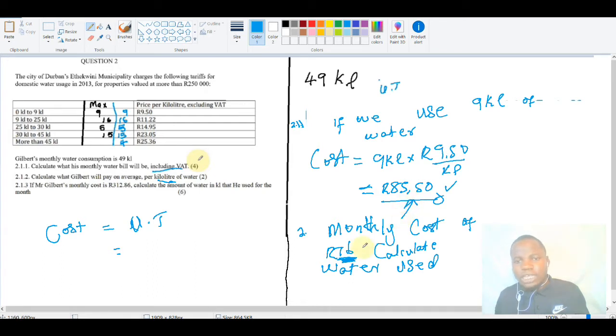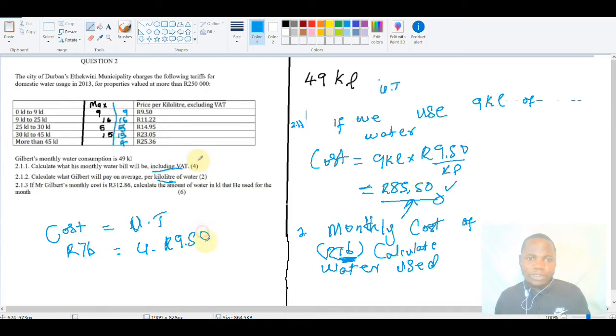So that means this volume of water is falling according to the tariff of the first one, right? So we want the water used. So what is our cost that is given? The cost given there is 76 rand. Then what is the used? We don't know. Times the tariff. We agreed that it will fall according to the first tariff.